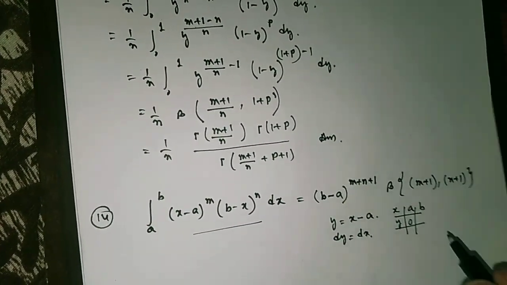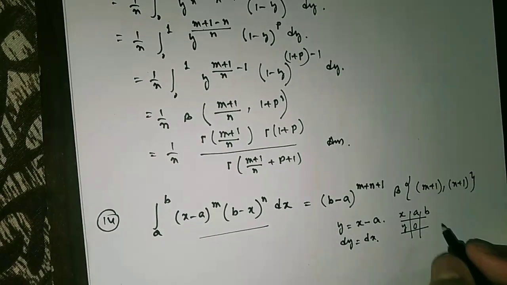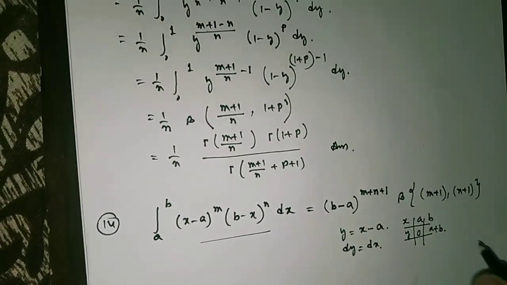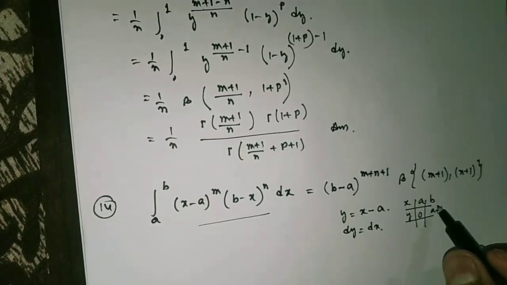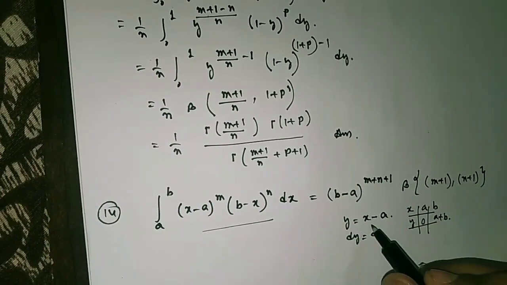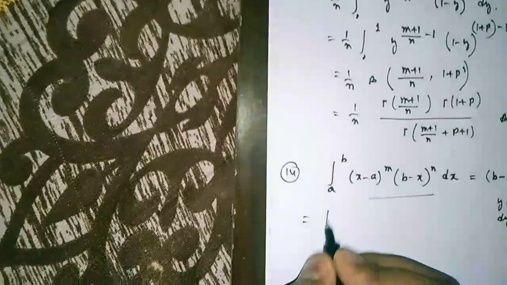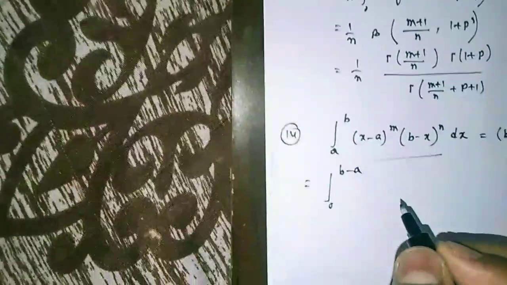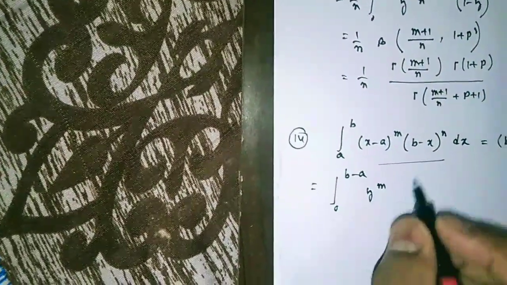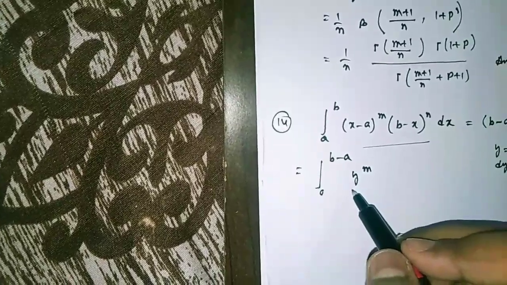if x equal to b, then y equal to b minus a. Sorry, if x equal to b, then y equal to b minus a. Okay, now I can write here 0 to b minus a, y to the power m, because x minus a equal to y to the power m.